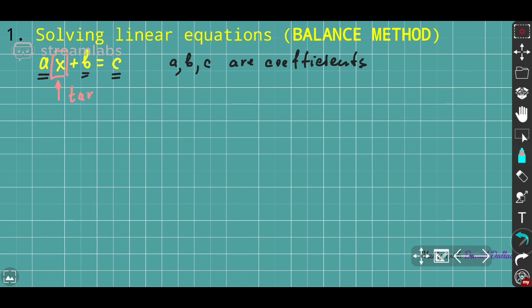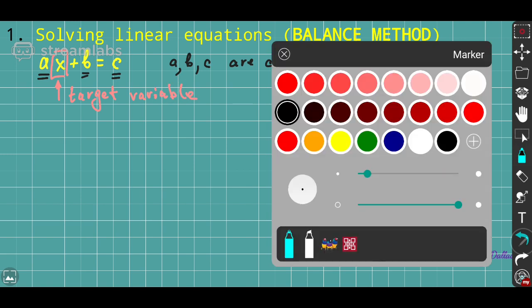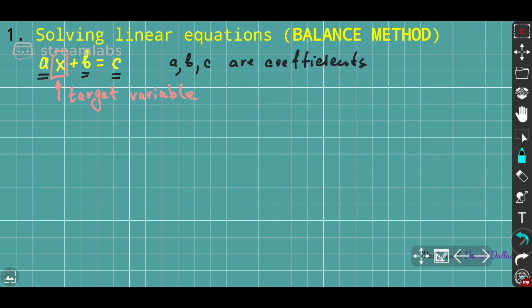Right now, it stays alone. It stays as the single variable. There are no other x's on other sides. That's why this is a target variable that you need to express. So what we're going to do is use the balance method.